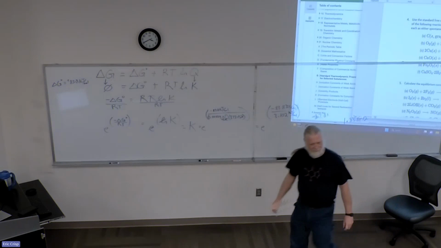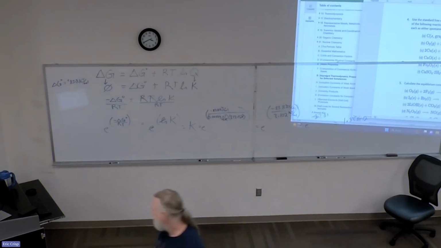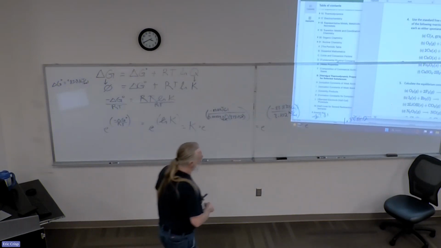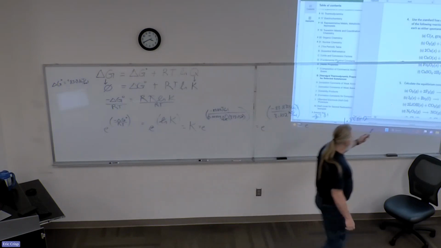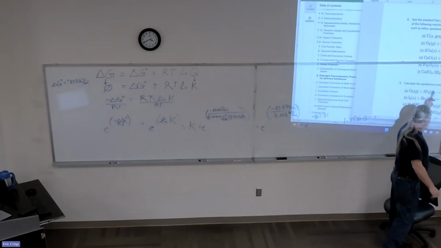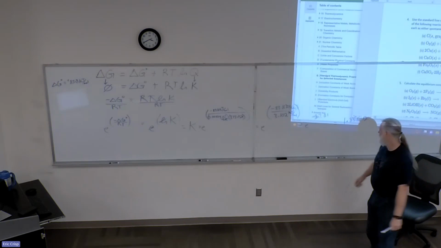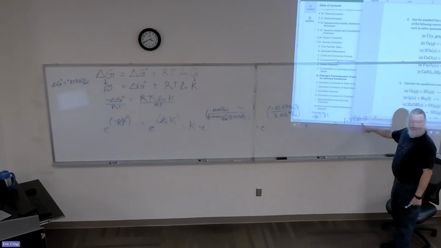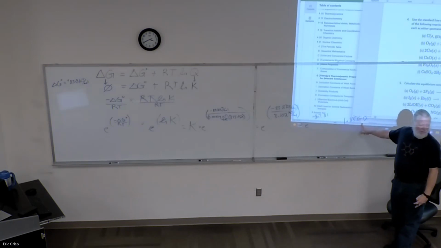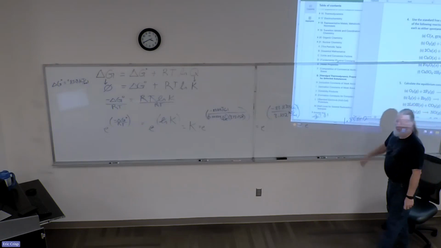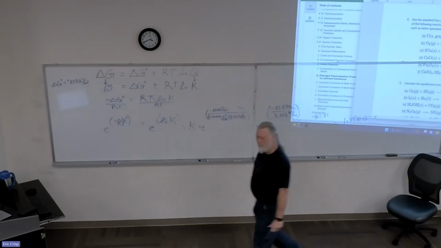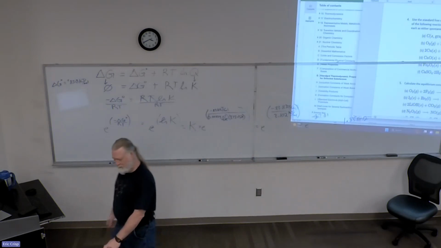That's your check. Okay? So this claims that for this reaction right here, at 100 C, it's almost all reactants. 10 to the negative 12 products. That makes sense?